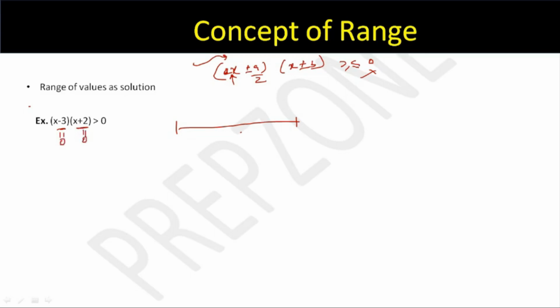You equate it to 0, you equate it to 0. If you put x minus 3 as 0, you get x equals to 3. You just plot x equals to 3 here. Say this is x equals to 3, right? Say this is your x line, like a one-dimension x line, right? The second zero of this equation is x equals to minus 2. So x equals to minus 2 will be here.